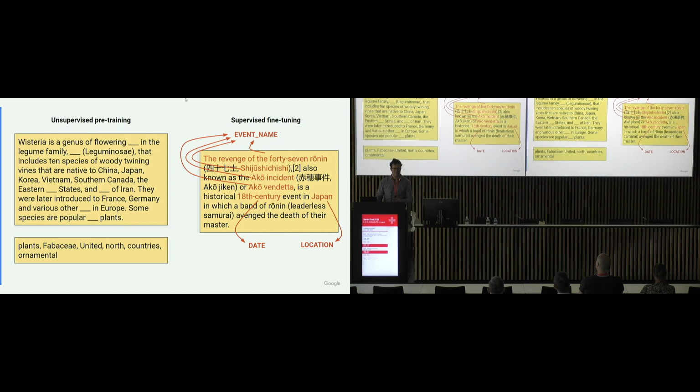If there are semi-automatic ways of producing these labels, then maybe you can produce silver data that is not completely accurate, but it can be helpful. But typically, you also need some human-curated data. In this case, obviously, the size of the training data will be limited by your budget. You will have a certain budget to hire people to write these annotations, and that will limit how much data you can have.